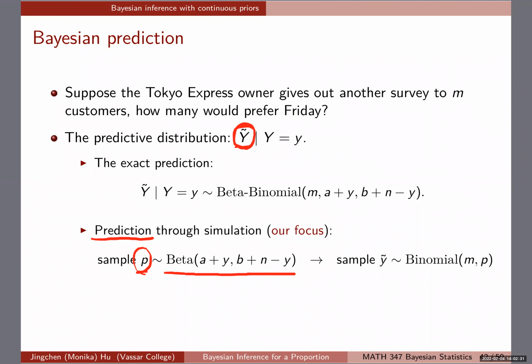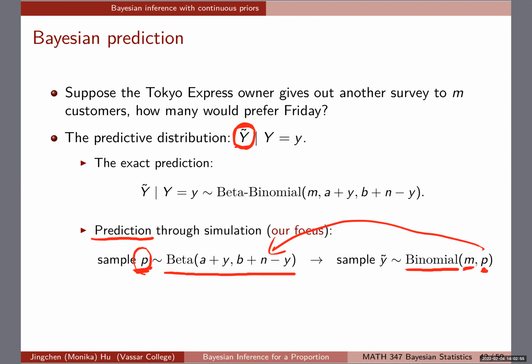In this case, you're going to see that we use the little rbeta function in R in order to get a random draw. And then, given whatever the value of p that we're able to get, we're just going to do another sampling from the binomial distribution, with n as the number of trials, and whatever draw we have from the previous step as the success probability.